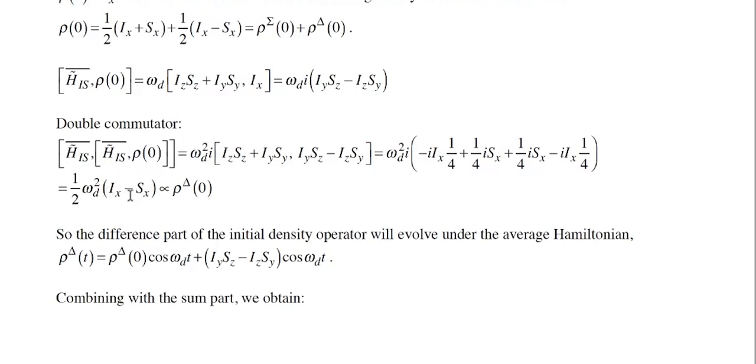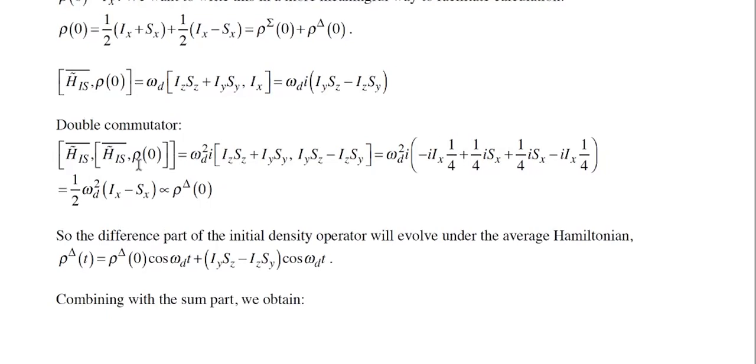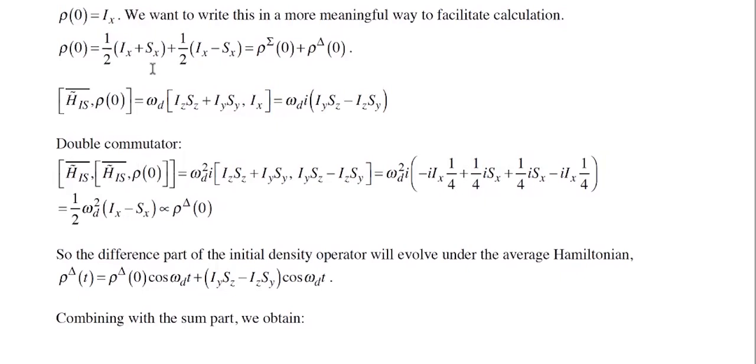But that's interesting because at this point you get IX minus SX. Now, if you remember the rule for applying the von Neumann equation solution in a sinusoidal series is that you have to have the double commutator coming out to be proportional to the time 0 density operator. We had that condition to plug in. Now, this is not exactly proportional to the whole thing, Ix, but it is proportional to the half part of the initial density operator.